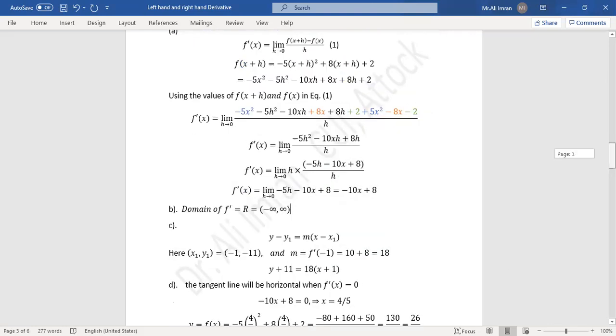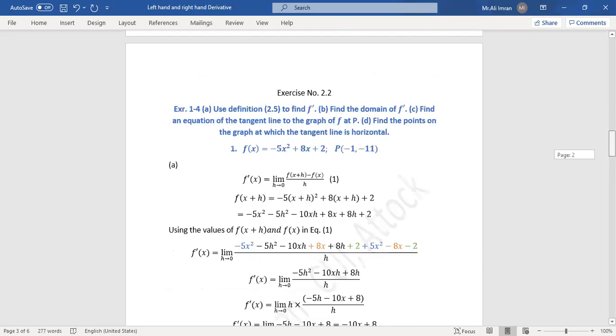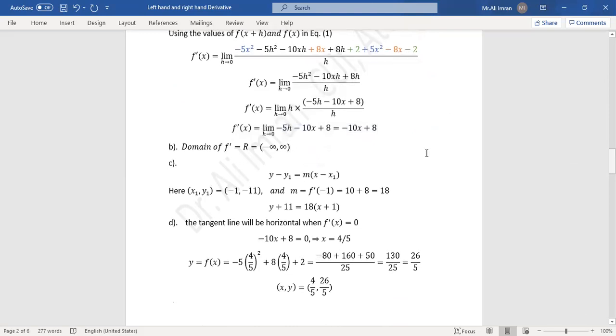In C part, we have to find the equation of the tangent line to the graph of f at P. So using the point slope form, y minus y1 is equal to m into x minus x1.